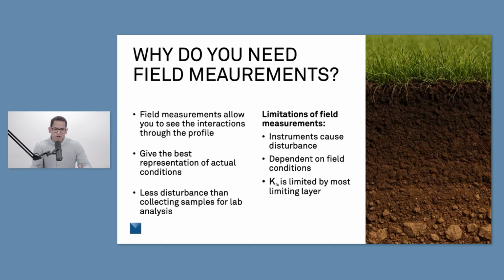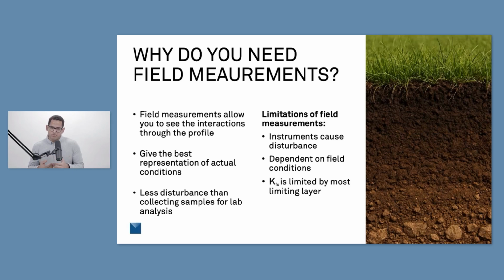So let's talk about why you might choose one or the other. So when we're talking about field measurements, why would we choose field measurements? Well, one, field measurements allow us to actually, again, like I said, see the interactions through the profile, and get that characteristic of the soil, how it behaves together. I typically tend to think that field measurements give the best representation of the actual conditions.